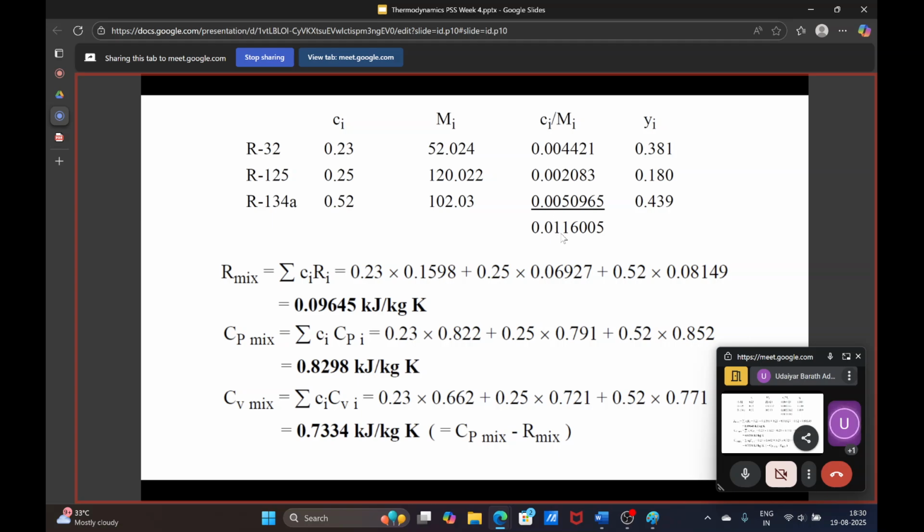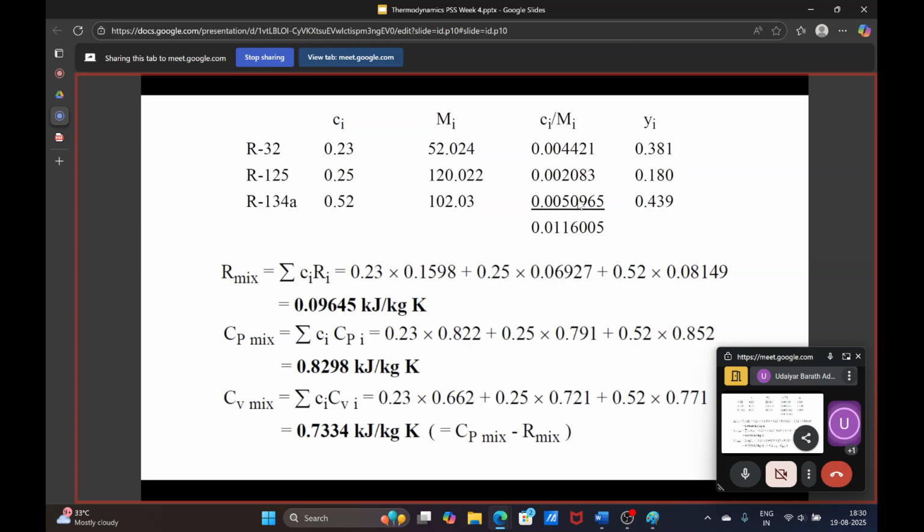If you sum it up, we get 0.0116 moles, which is equivalent to 1 kg of this refrigerant. So 1 kg amounts to 0.0116 moles of R407.